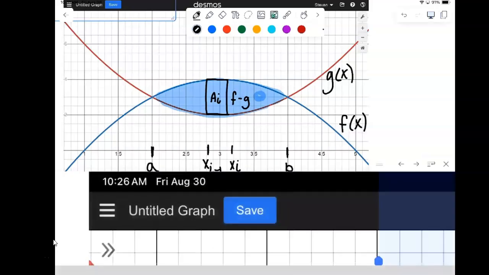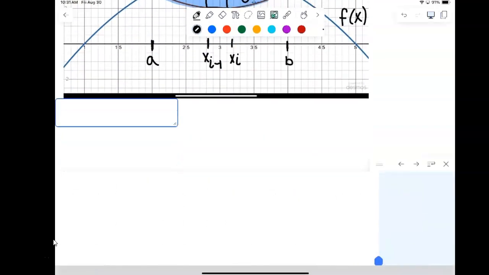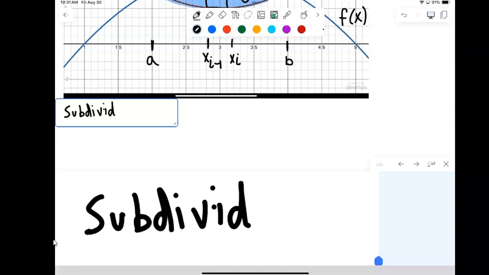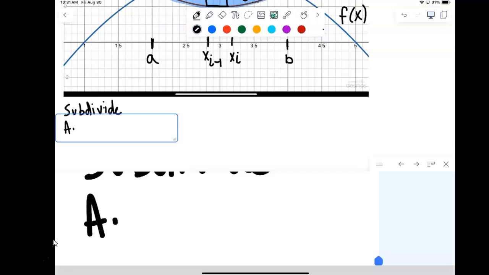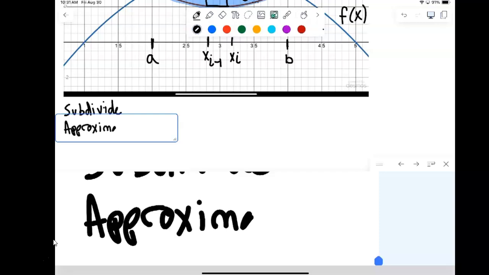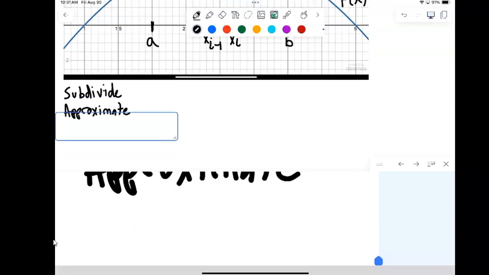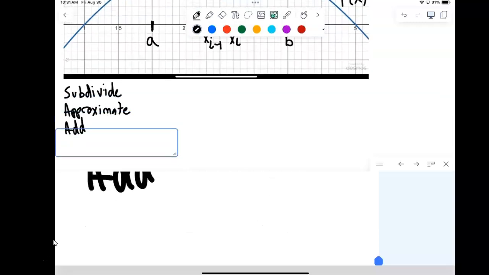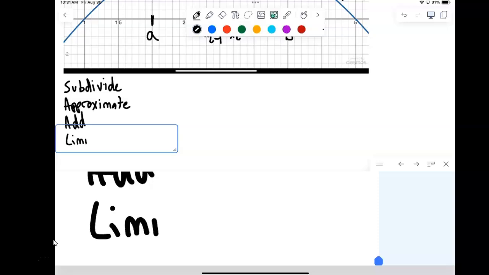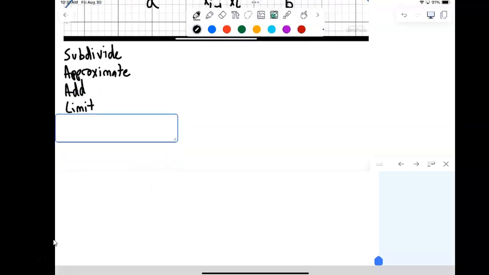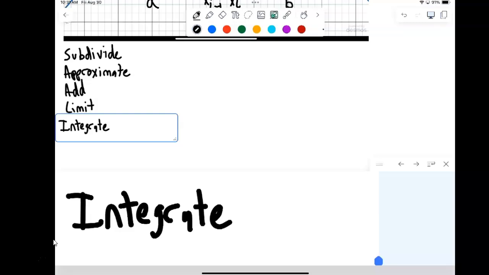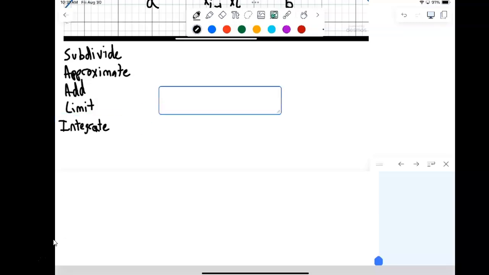And so remember our algorithm, our process: we subdivide, we approximate, we're then going to add everything up, we're then going to take the limit, and then we're going to integrate.